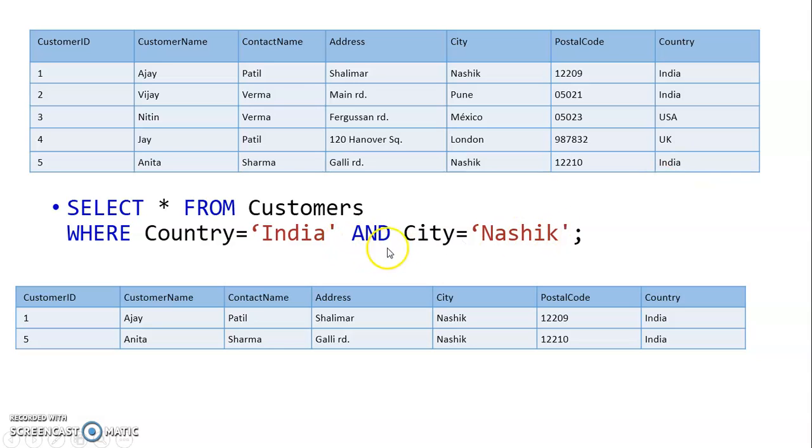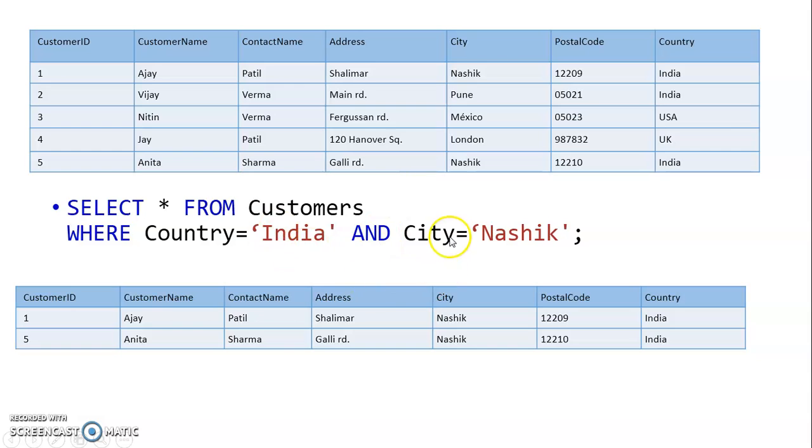But we are using the AND operator, so both the conditions should be satisfied, and city is Nasik. For the first record, yes, city is Nasik, but for the second, country is India but city is Pune. For the fifth record, country is India and city is Nasik. So the first and fifth records are fetched from this SQL statement.